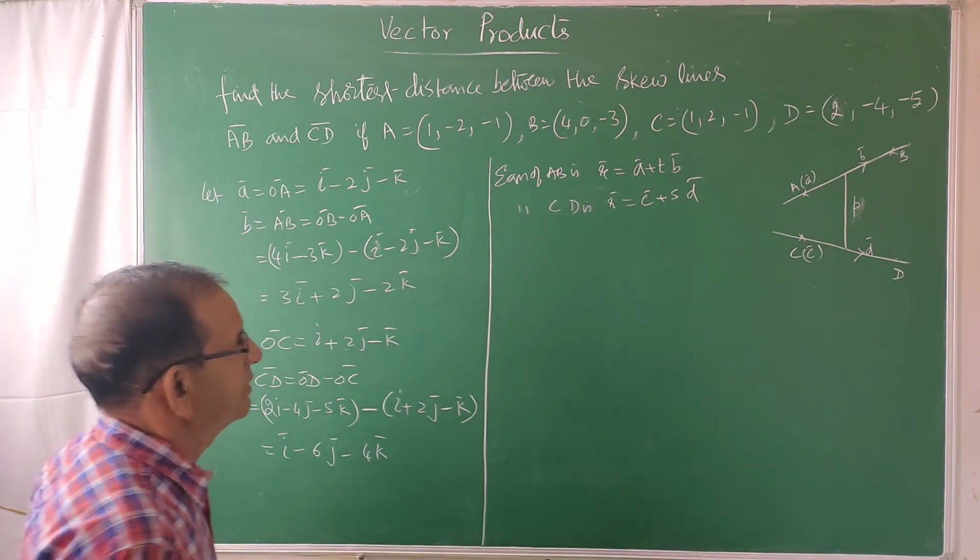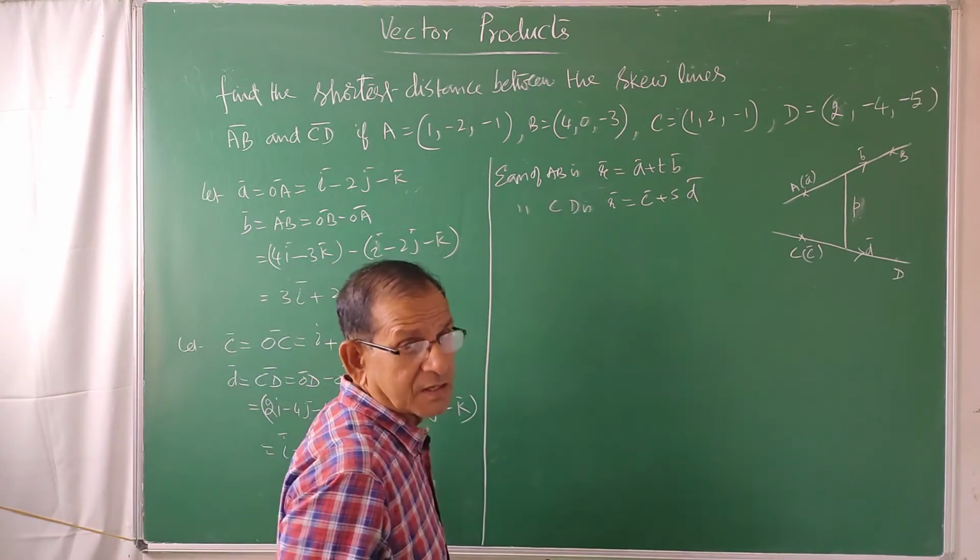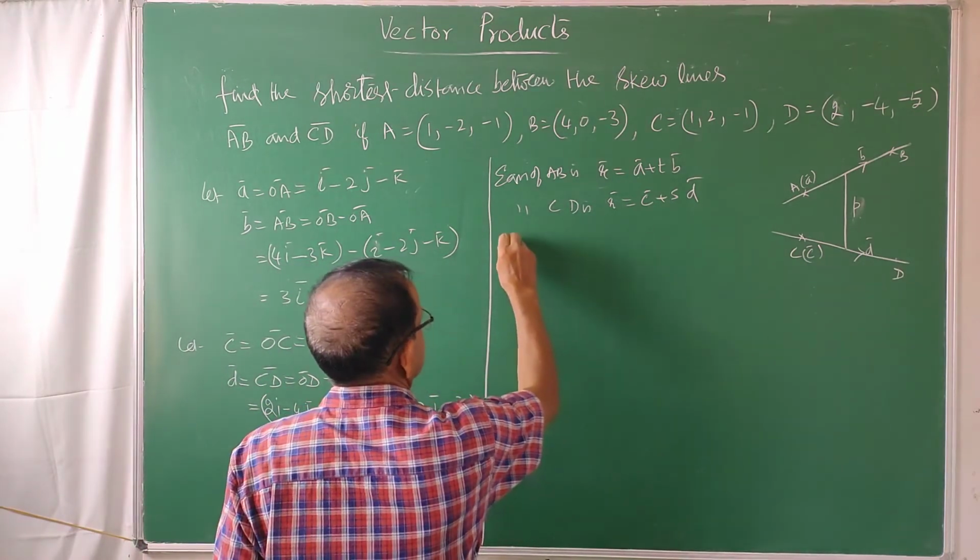Now we know the formula for the distance between two skew lines.